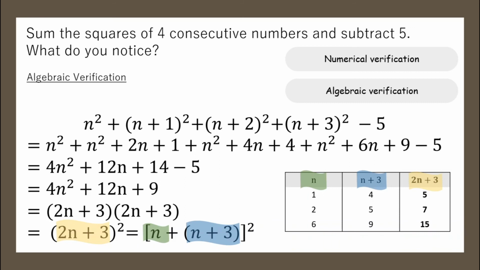Now I know that if I was to choose 4 consecutive numbers from 10 to 14, I squared them, added them together, and subtracted 5, I would expect to get 24 squared. If I chose 4 consecutive numbers from 101 through to 105, I would expect to get 206 squared.